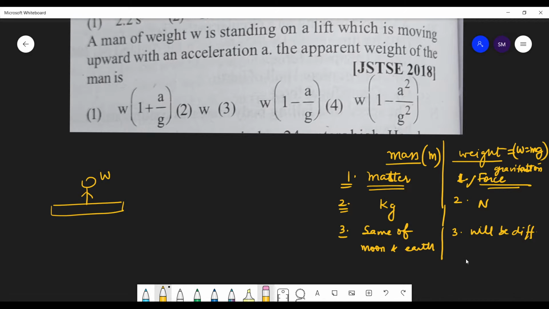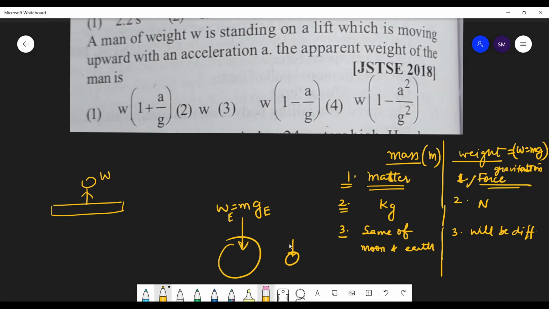And g, acceleration due to gravity, depends on how the earth is attracting us. So W is equal to m into g of earth, and this is the weight on Earth.